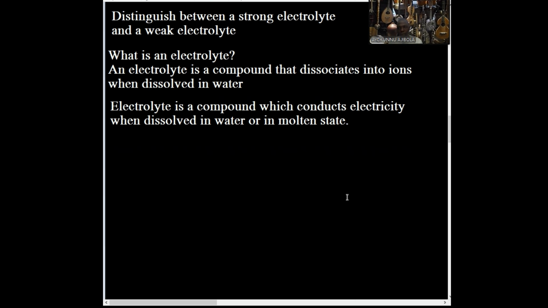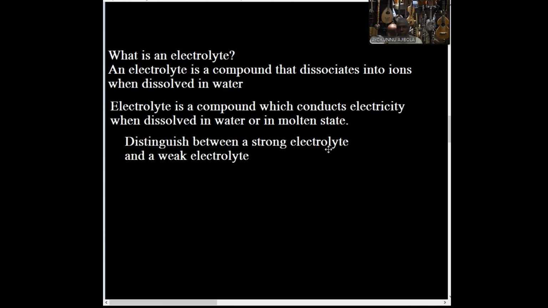So that is now to differentiate between weak and strong electrolytes. Remember, we said an electrolyte, when it's dissolved in water and there's passage of electricity, dissociates into its component ions.